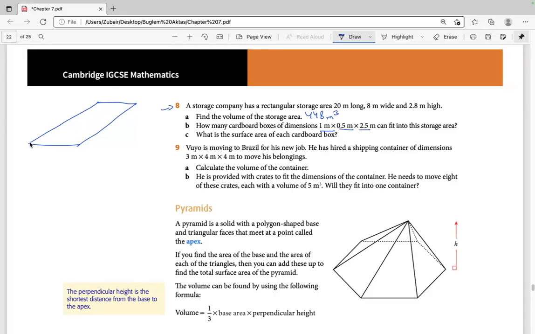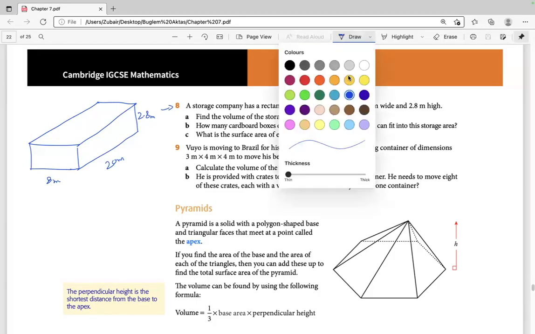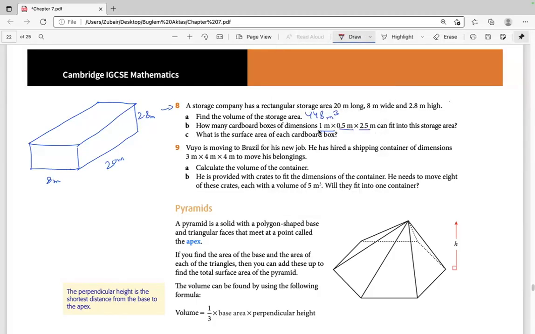So if I talk about this storage area, this is 20 meters, height is 2.8 meters, and this is 8 meters wide. Now the boxes which we have to place are 1 meter, 0.5 and 2.5. Let me place this 2.5 in this direction as the height, 1 meter in this direction and 0.5 in the other.